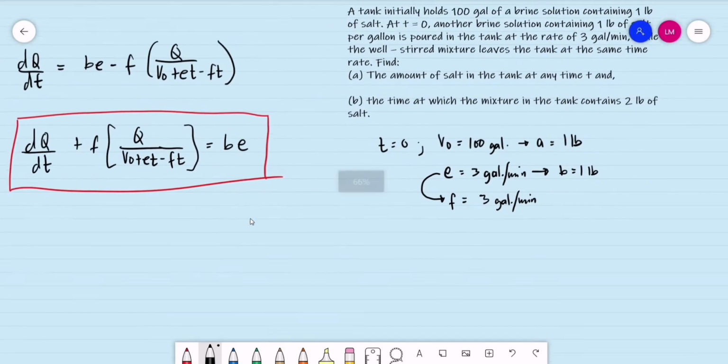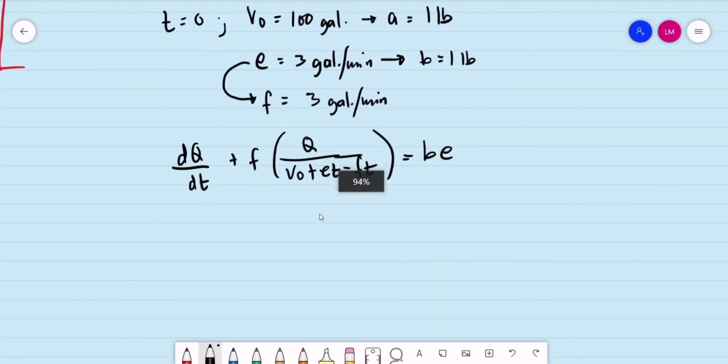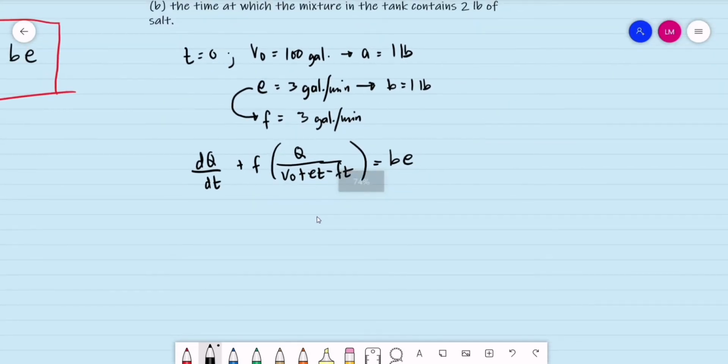So from our previous equation, dQ over dt, the rate of change of the amount of salt, plus F multiplied by Q divided by V sub O plus ET minus FT is equal to B times E. Then I think we can now substitute.